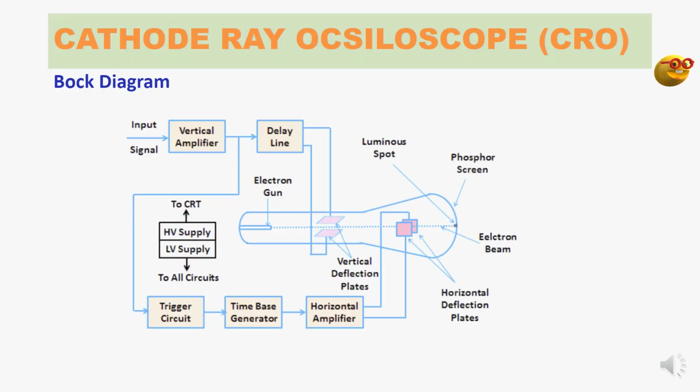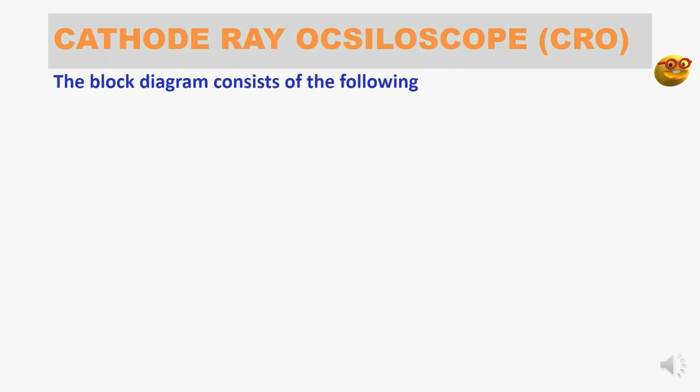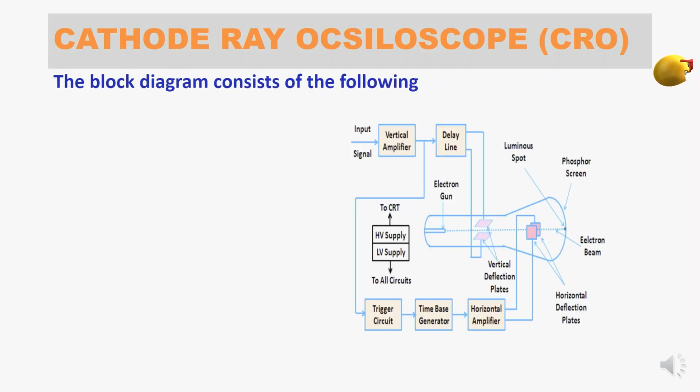Next, this is the block diagram of cathode ray oscilloscope, and you might have seen some blocks. We'll discuss these blocks one by one in the next slide. The first part of the cathode ray oscilloscope is CRT, cathode ray tube. Then vertical amplifier and the next one is delay line.